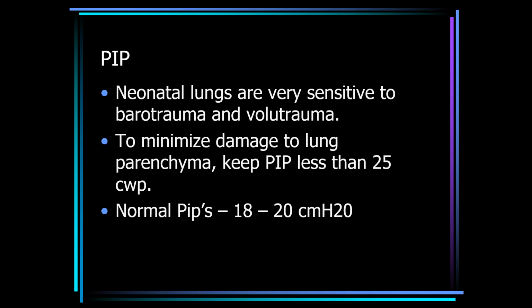Like 19? Yeah. So if you have 19 plus 5, a peak pressure of 24. Yeah, so if you could keep the total at 20, that means your inspiratory pressure of 15 centimeters of water would be like your upper limits of normal, I guess.